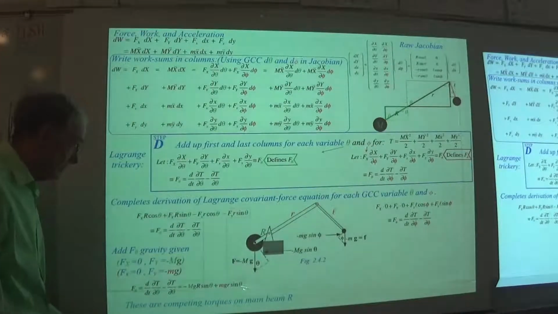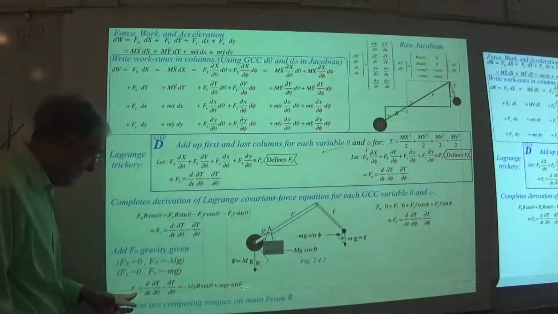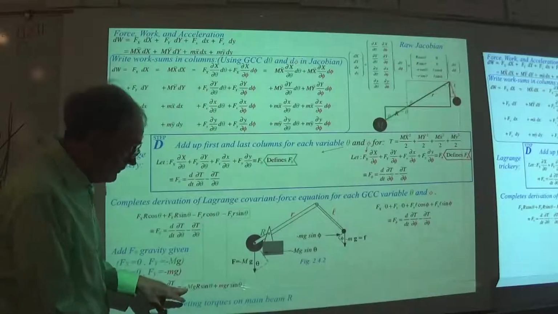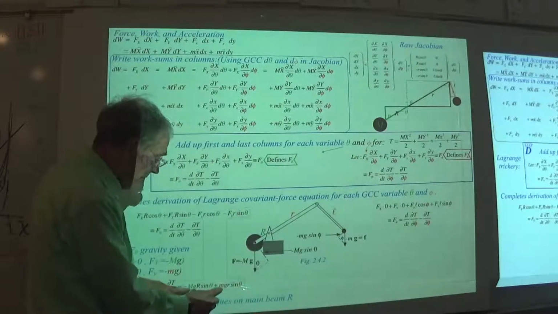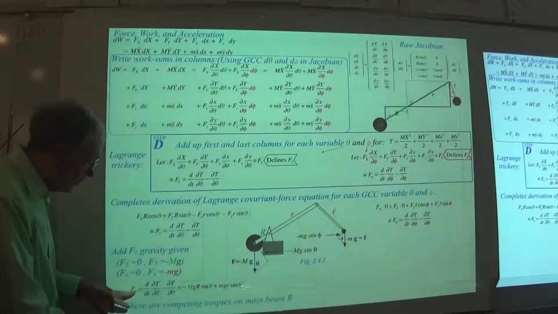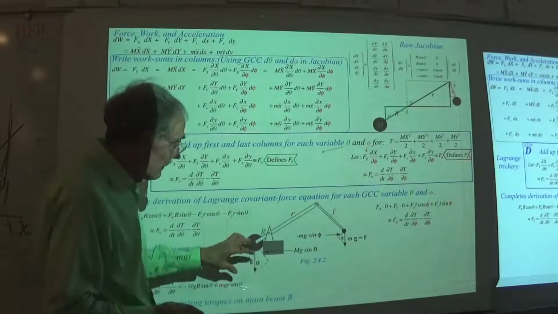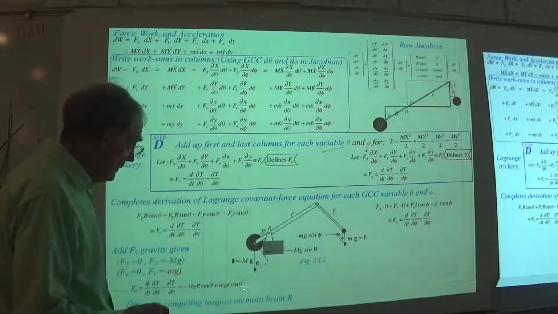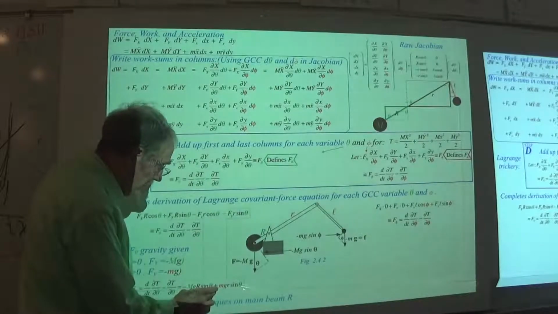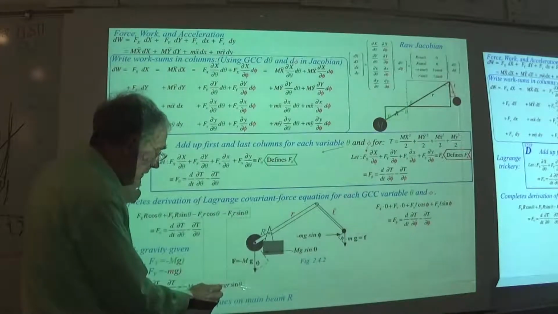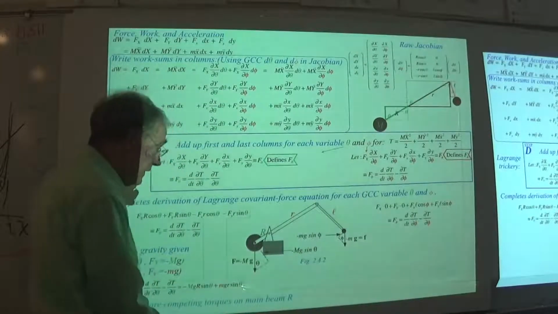With our coordinate systems, we can pretty easily turn that into a sum, just like the pendulum having a sine component. This is the total force, a function of theta, and it consists of basically two terms: big M g R sine theta and little m g R sine theta.